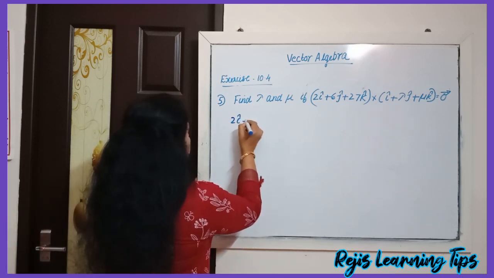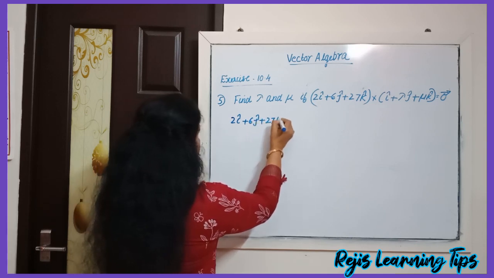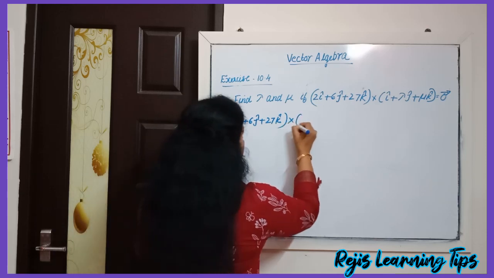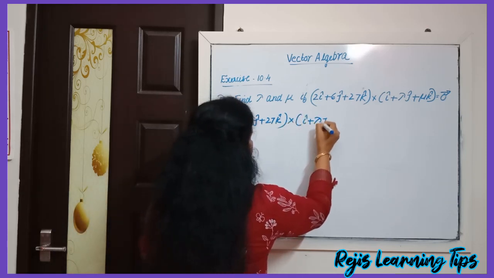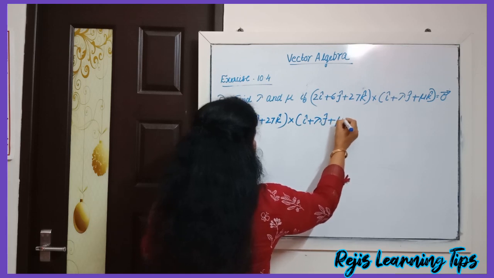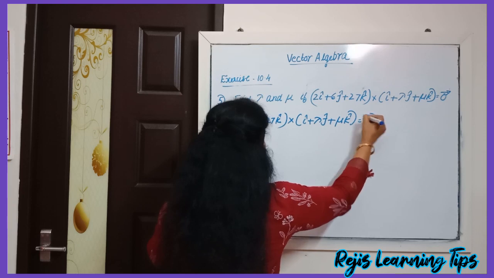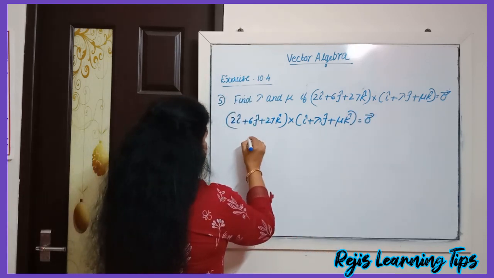2 i cap plus 6 j cap plus 27 k cap cross i cap plus lambda j cap plus mu k cap is equal to 0 vector. First we should find the cross product of this.